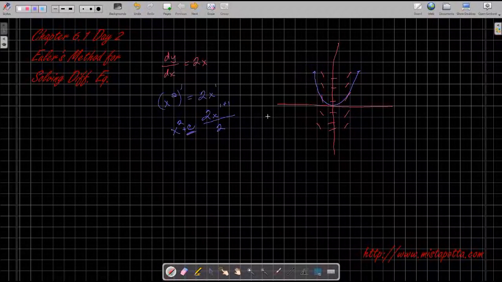So we have these two ways that we've already talked about for coming up with either a solution or an approximation to a solution for a differential equation.